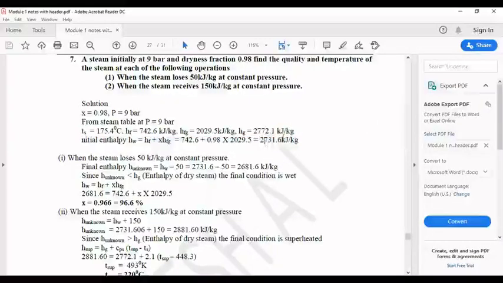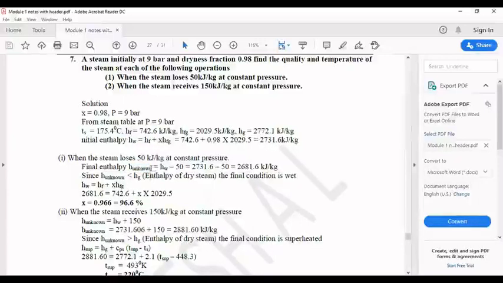From this enthalpy, I subtract 50 kilojoule, because the steam is losing 50 kilojoule per kg. What will happen to the condition of steam? I don't know the condition yet. If I know it is a wet steam, I'll write HW; if it is a dry steam, I'll write HG; if it is a superheated steam, I'll write H superheated.